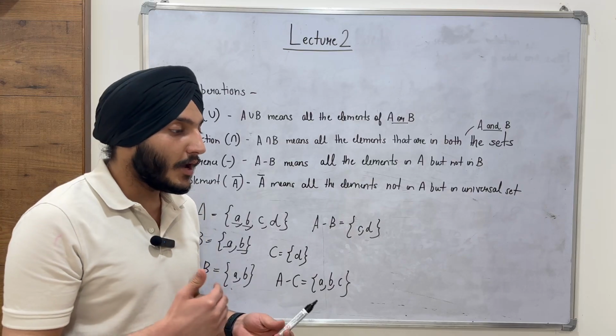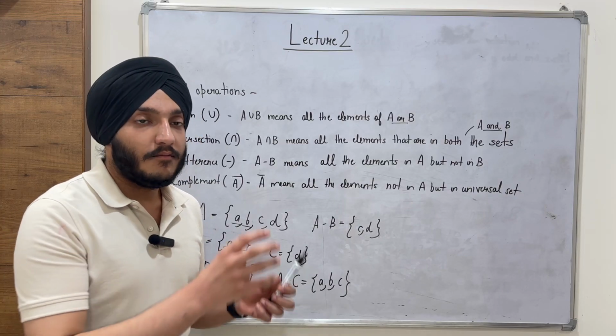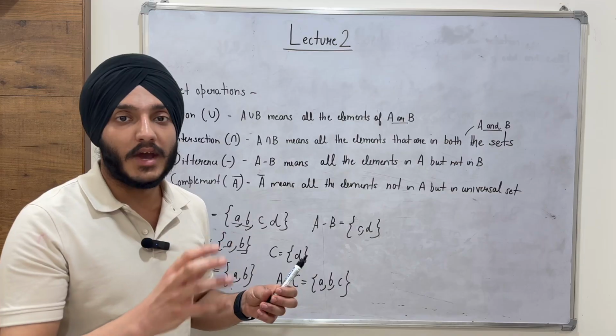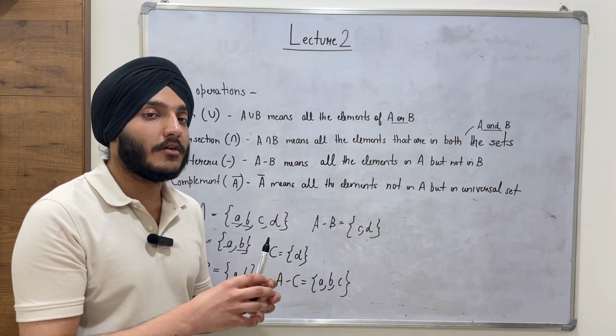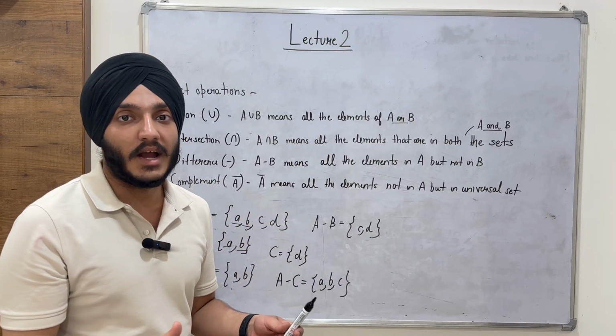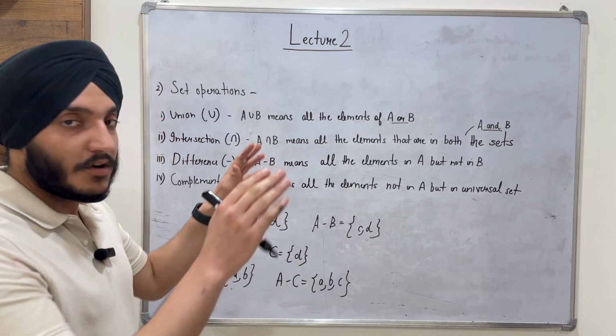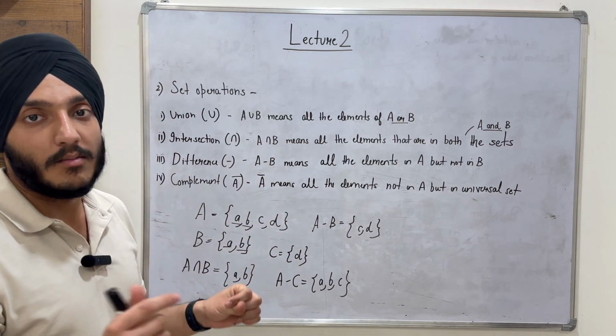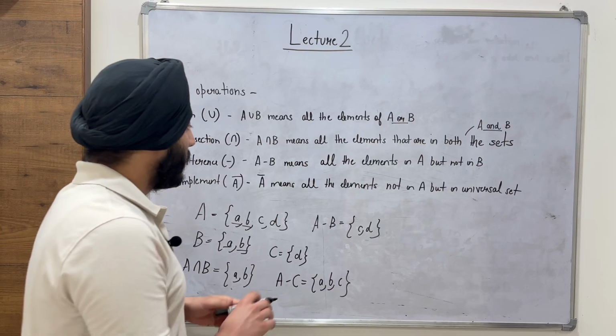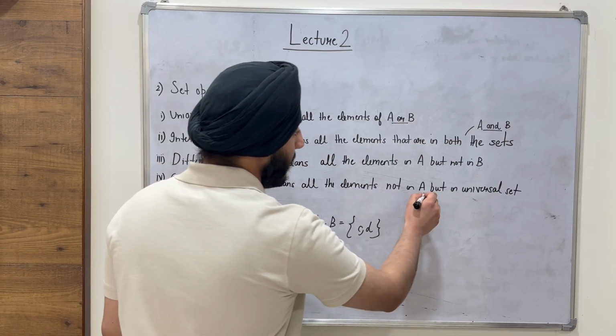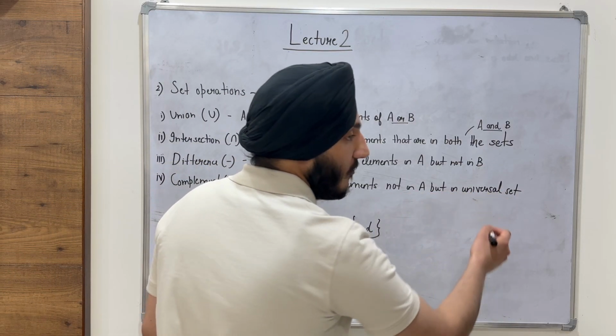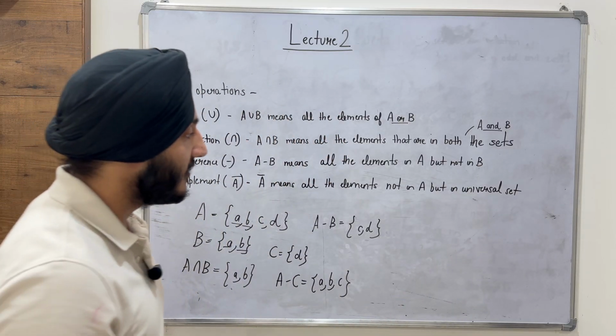Or let's say I'm talking about a problem where there's a set of different types of elements. Then the universe could be the set of all the different animals that we have. So it's basically the universe of all the elements in a single problem context, right? So A complement means all the elements not in A but in the universal set. I'll try to explain it with a simple example, right?